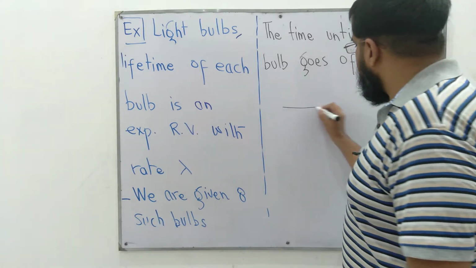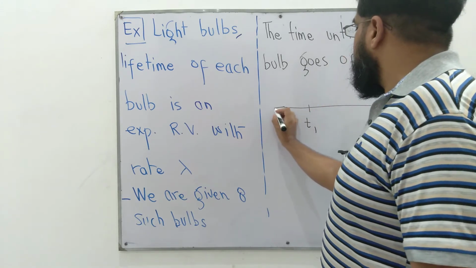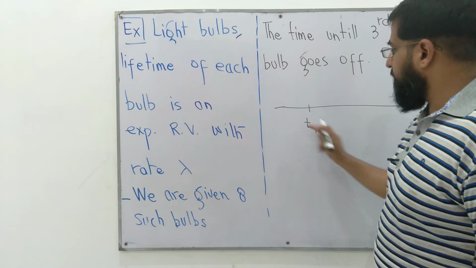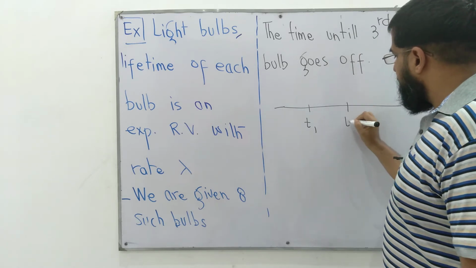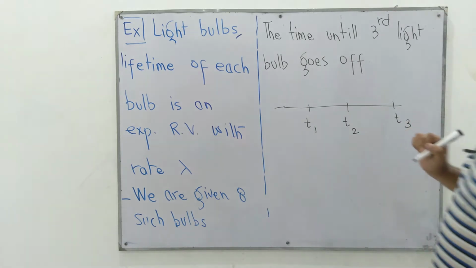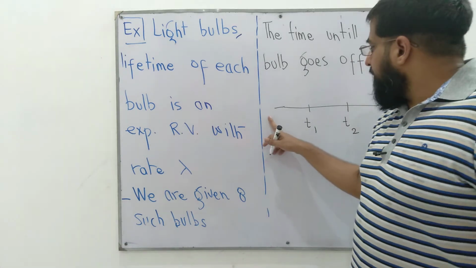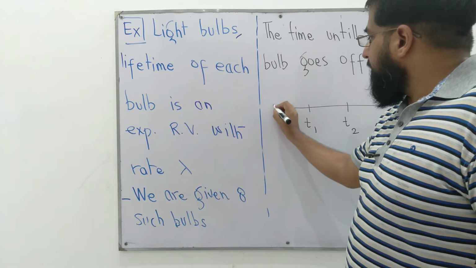So it can be thought of as a timeline where T1 is the time at which the first bulb goes off, T2 is the time where the second goes off, and T3 is the time where the third goes off, starting from some initial point 0.